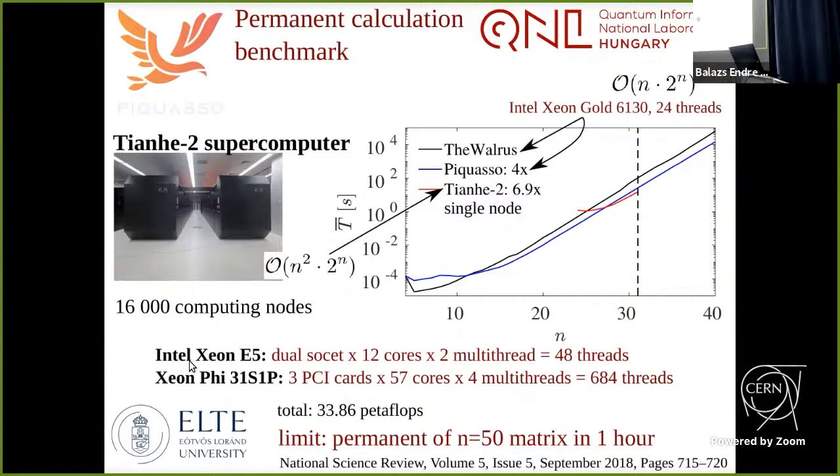So this is 8-year-old hardware, but still, if you know how to use its resources, it is still a very powerful thing. It has 16,000 computing nodes, but this red line corresponds to the result gained from only a single computing node. This is why it's such a small line. You see that we are pretty close to it.